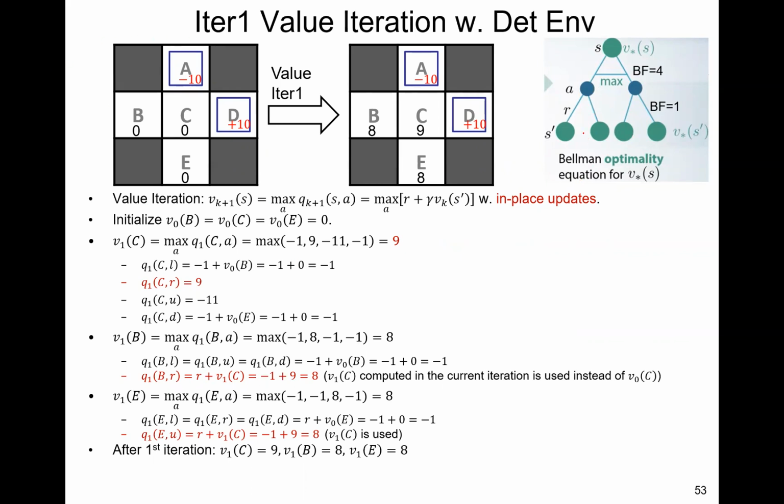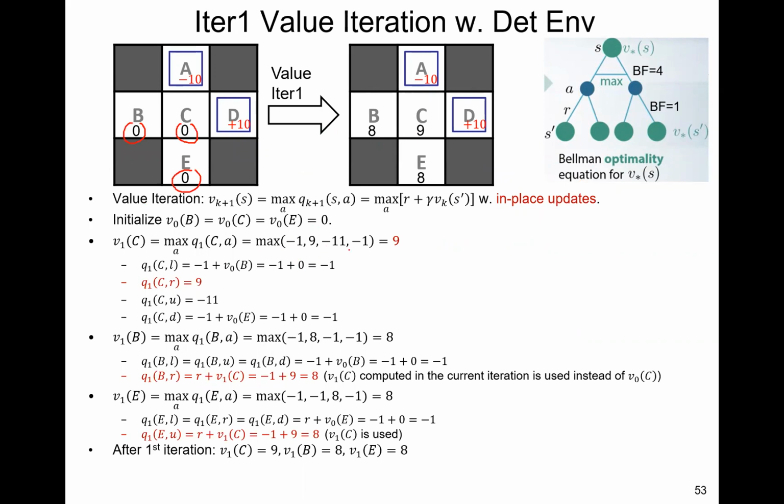So value iteration. You start from 0 initial values, or random numbers, or some other initialization. It doesn't really matter.